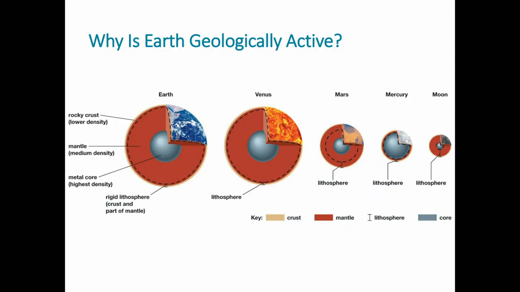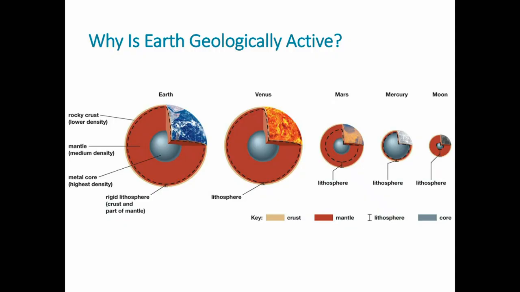The layer of the planet that includes the solid part of the mantle and the outer crust is called the lithosphere. For the geologically more active planets like Venus and Earth, the lithosphere is a very thin layer, but as you become less geologically active, the lithosphere basically goes all the way from the surface toward the core.